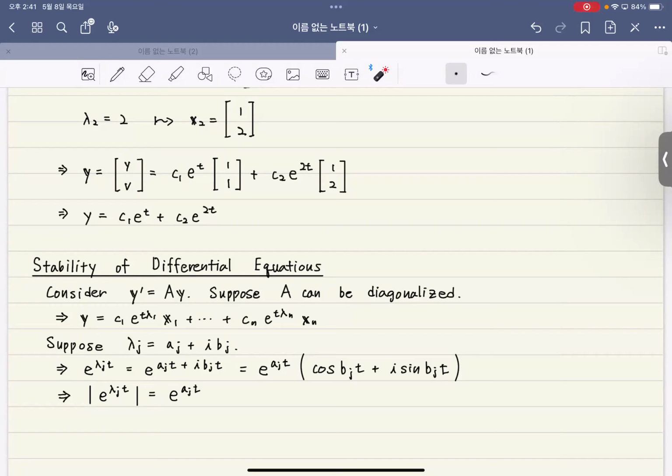But if aj is a number less than 0, then the term associated with this exponential function will eventually tend to 0. So it won't have any effect on the final asymptotic behavior of the solution.